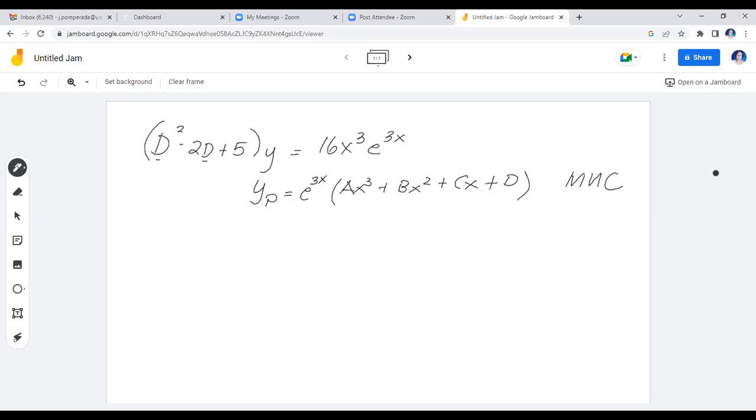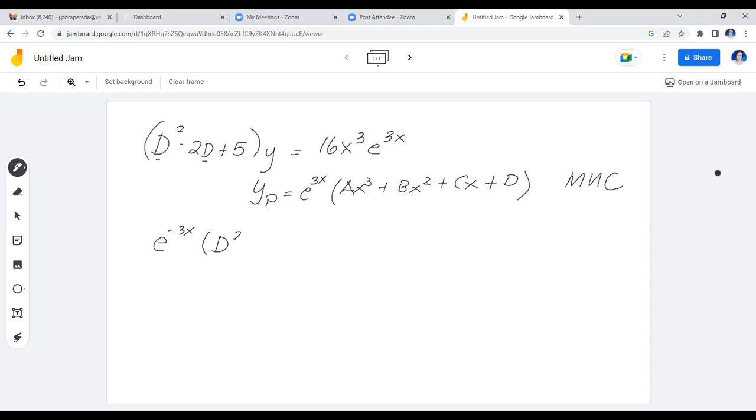From the term exponential shift, you will transfer this exponential function to the left side. The only way that you can transfer it is you divide by e raised to 3x, right? So the e raised to 3x, if it goes up, would be e raised to minus 3x.